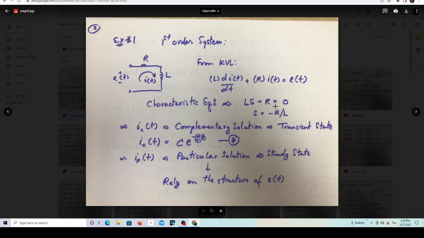Well, how do I get this equation? Let's look at this equation. You just replace the first order derivative, di by dt, by S, and the zero order term becomes S to the power of 0.